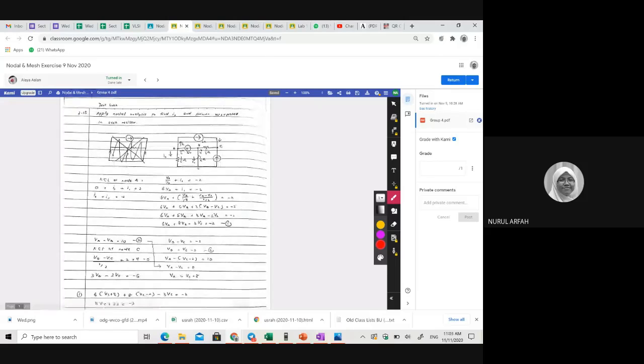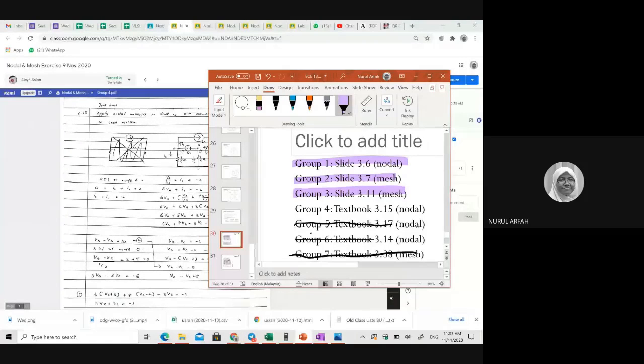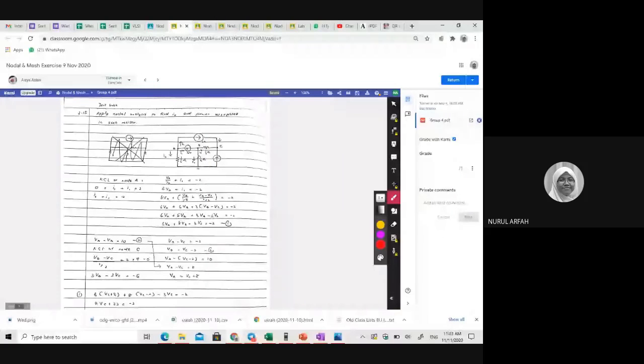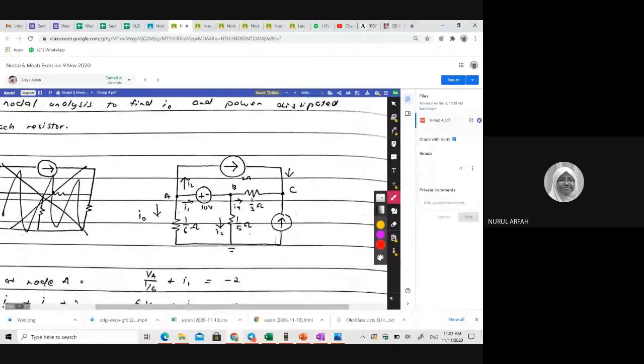Okay, group number 4, you need to use Nodal. And if you're going to use Nodal, then I will check. What should I check? Try to guess. What I'm going to check. Can you guess?